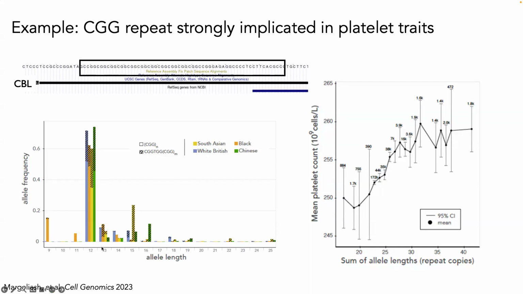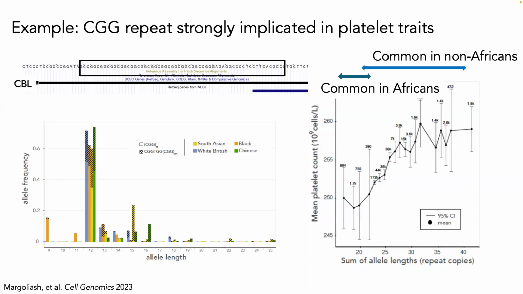Those tend to have much shorter copy numbers than the non-African populations. Don't worry about the other colors; the non-African populations tend to have longer repeat lengths. And we found that this locus replicated really confidently in all the non-African populations that we considered, but it didn't replicate in the African populations.